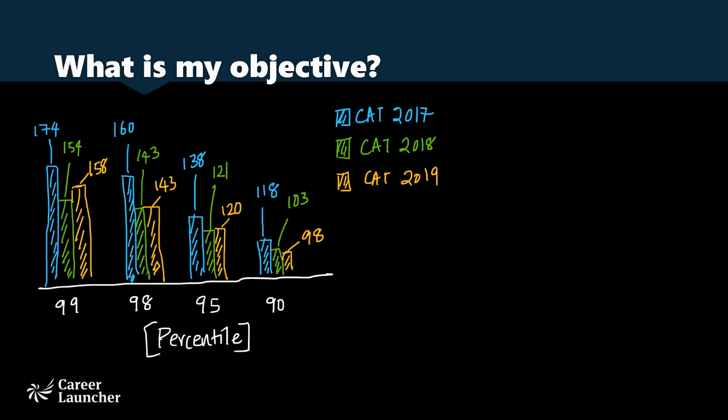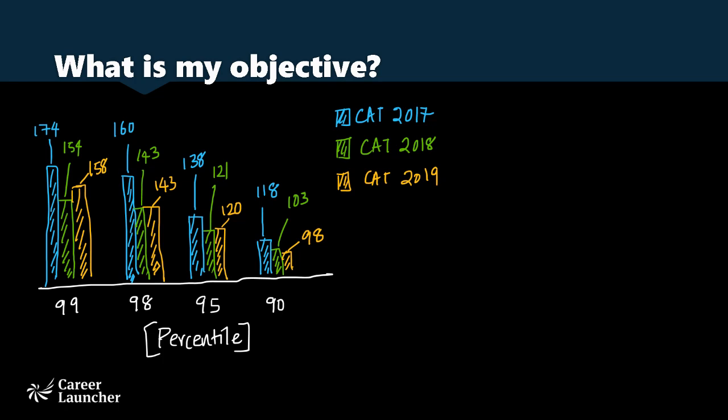If you're looking at a 99 percentile plus score, overall I'm looking at a score which is about 160. If we're looking at the 98th percentile score, I'm looking at something which is very close to 140, 145. For the 95th percentile score, I'm looking at a score which is probably close to 130-ish. And for the 90th percentile score, I just want to cross the score of 100, maybe 110.